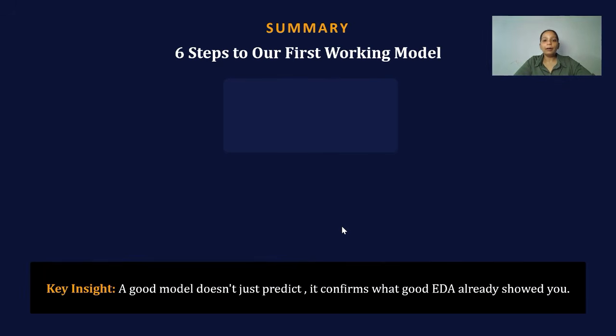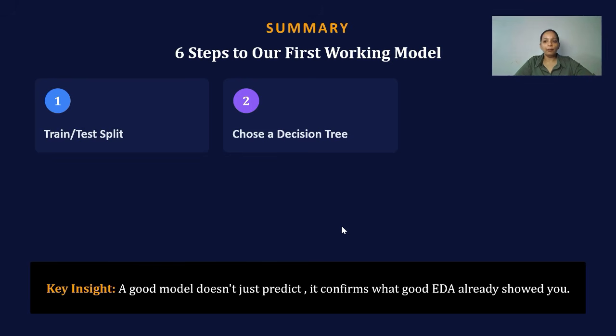So let's recap. In step 6, we took the iris dataset you already explored in step 5, and for the first time split the data into training and test sets: 120 flowers to learn from and 30 to judge honestly. We trained a decision tree classifier and watched it independently rediscover the petal length rule you found by eye.